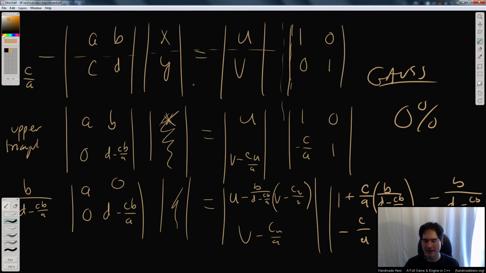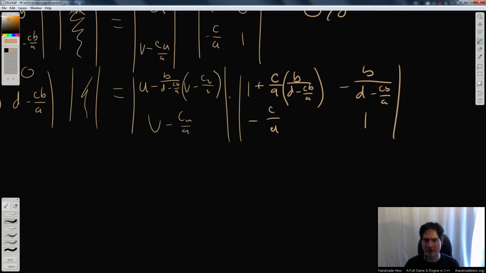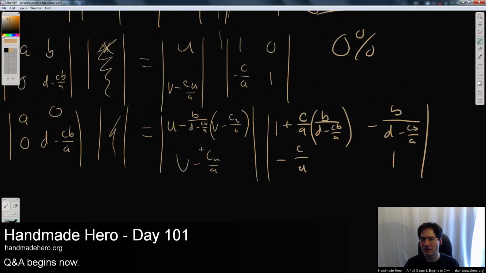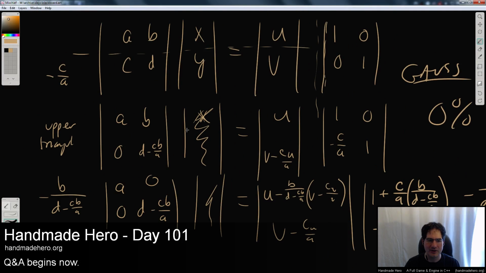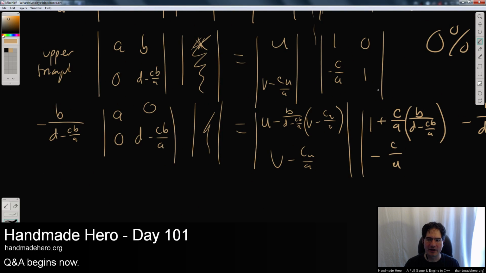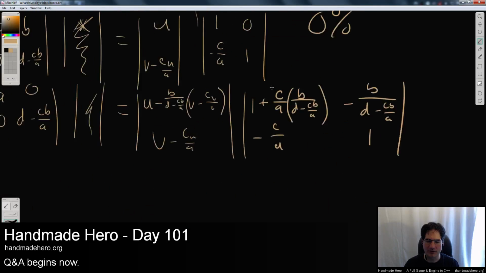Don't ask me why. I guess now that I think about it, I suppose we probably don't really need to do solutions like this in Handmade Hero. I don't even know. I'm trying to think if we're ever actually going to have to do that. Yeah. I don't know. Point being, I got a little overexcited there, but I wanted to show you how that works, and so that is how that works.